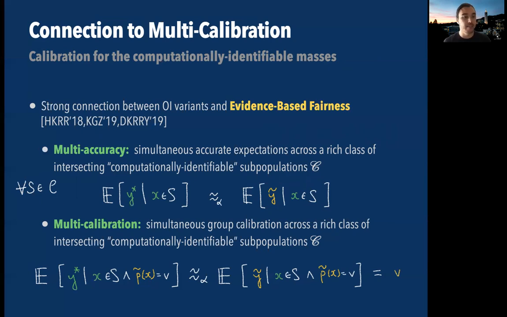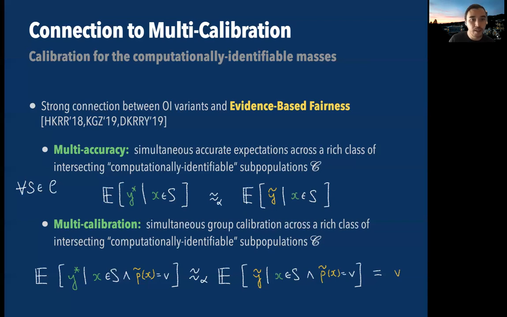It takes the perspective that the first thing that you should do with a predictor is try to learn a predictor that understands the evidence at hand and reflects it as well as possible using the statistical and computational resources available. And to do this, not just on the population overall, but even on subpopulations. So for instance, the main notion, multi-calibration, aims to ensure well-calibrated predictions across all computationally identifiable subpopulations.